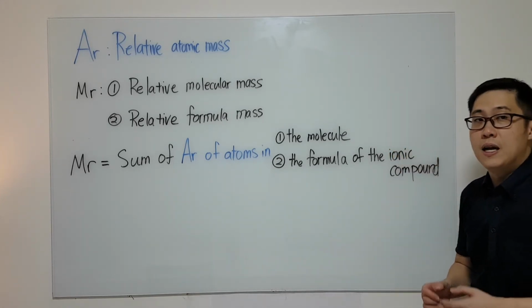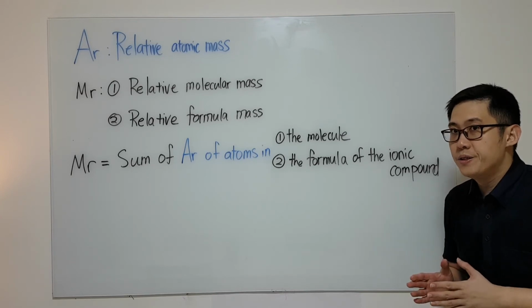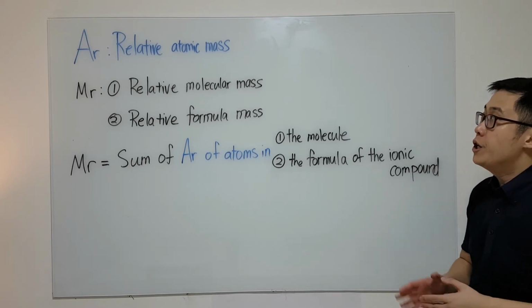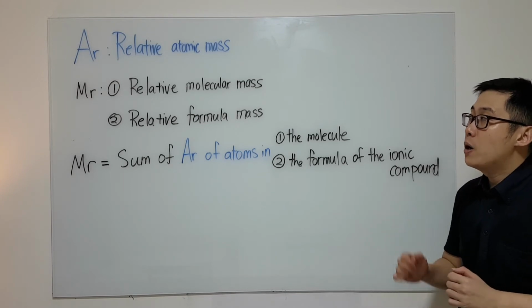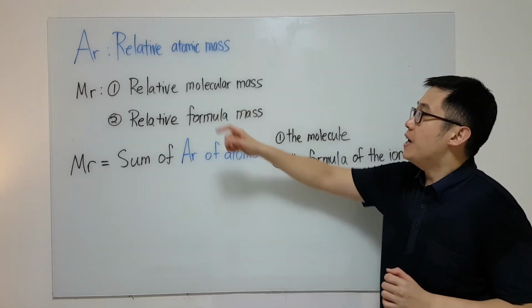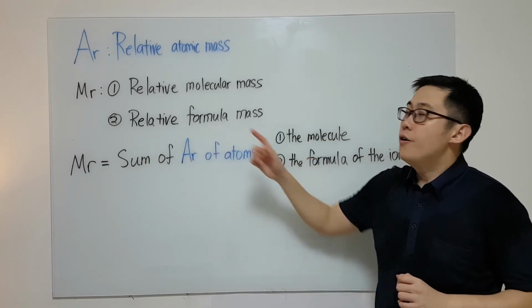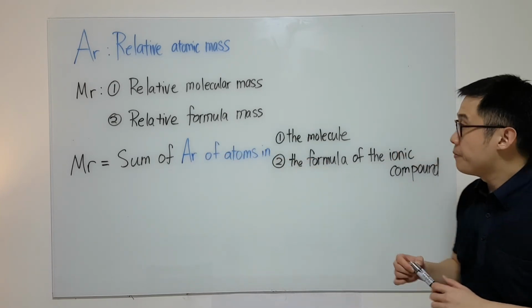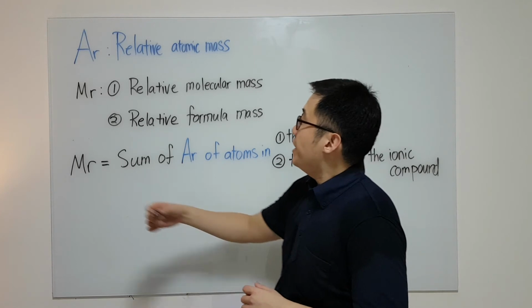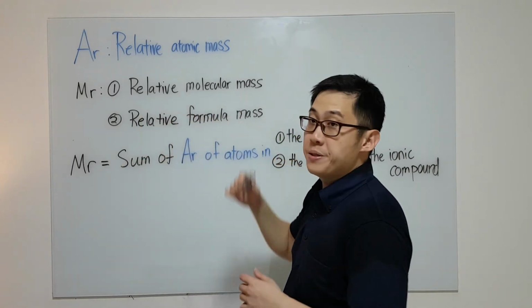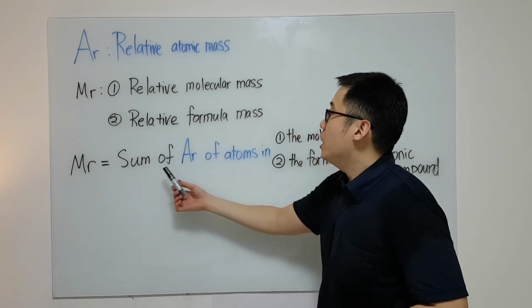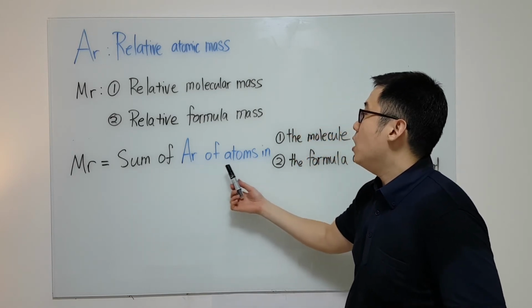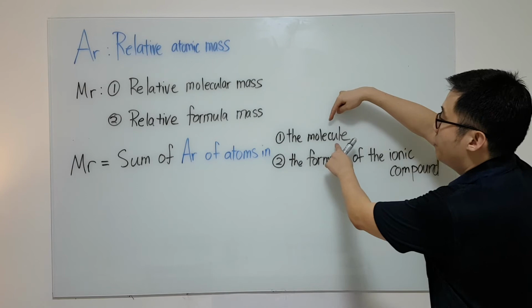Now, students, let us consider the relationship between the relative atomic mass and the relative molecular mass or the relative formula mass. To find the relative molecular mass, all we need to do is take the sum of the relative atomic mass of all the atoms in the molecule.